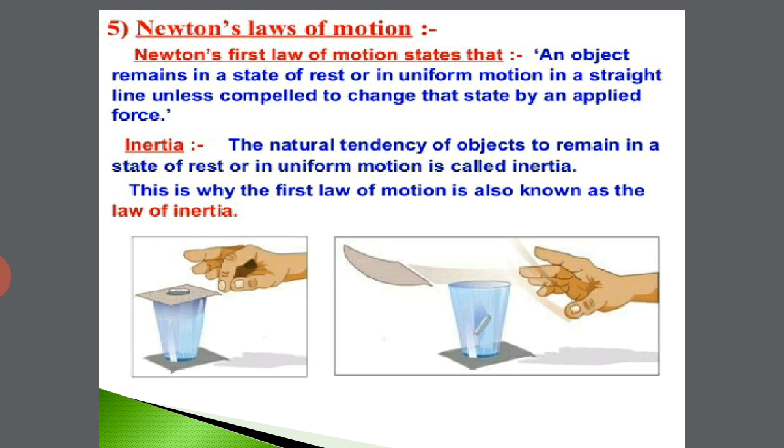Let's try to understand inertia in more depth. Inertia is the inability of an object to change its state by itself. Inertia is of three types: inertia of rest, inertia of motion, and inertia of direction.